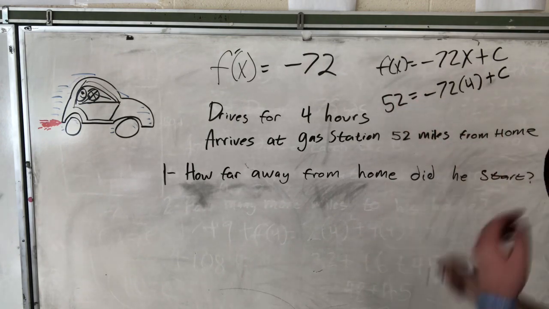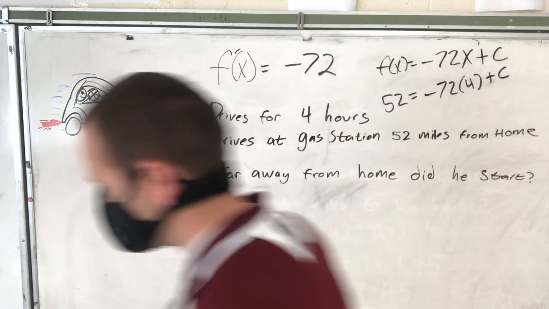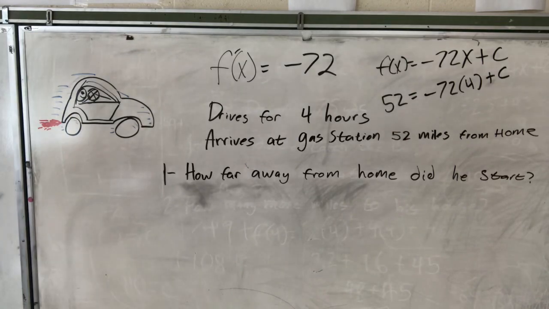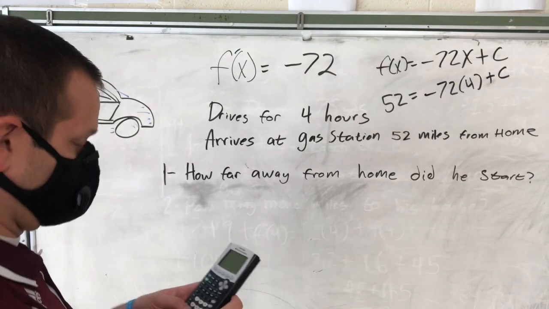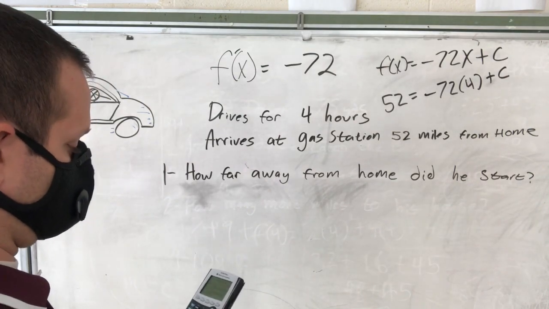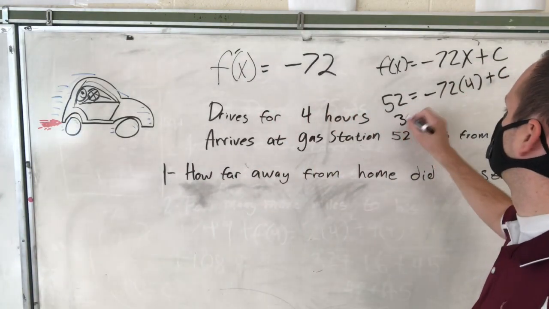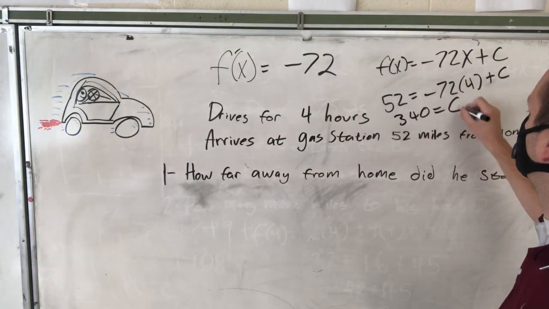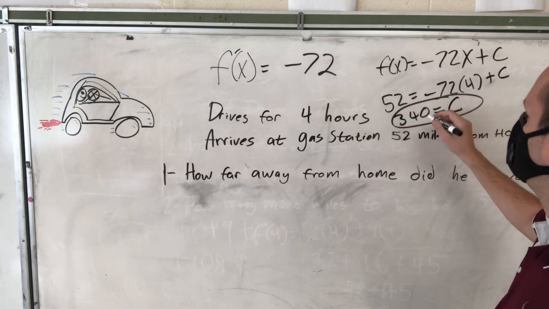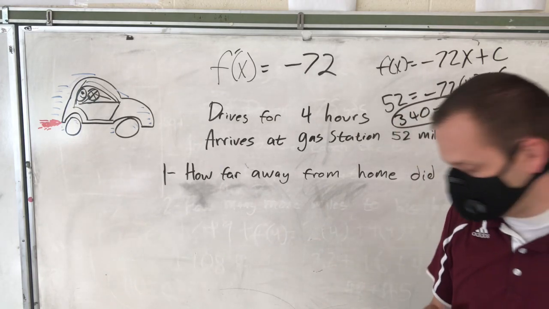We go through and solve. Let me grab a calculator, just to make sure I'm telling you guys all the right thing. We're going to do 52 plus whatever 72 times 4 is, which gives us 340. So this guy started 340 miles away from his house.